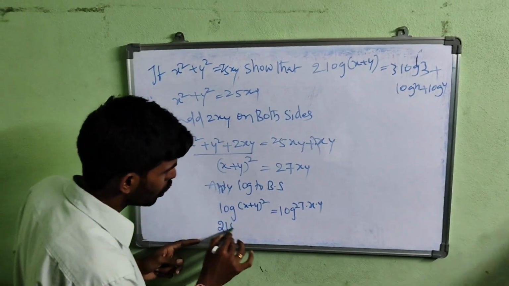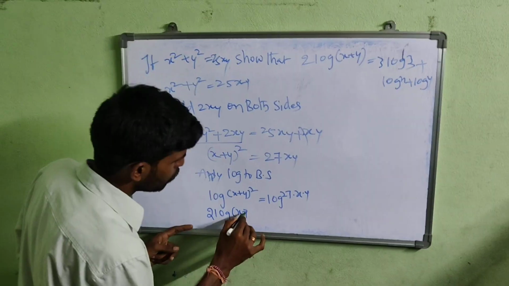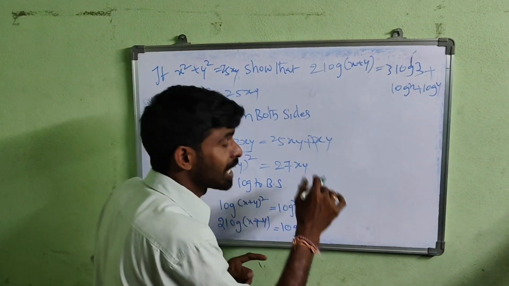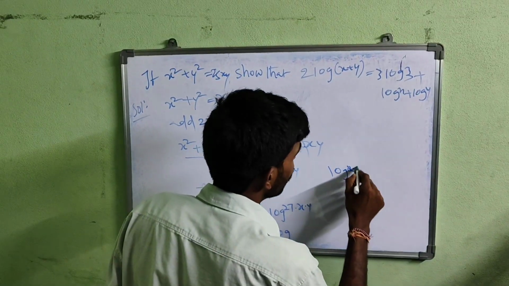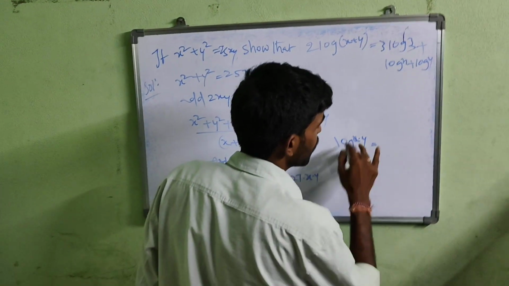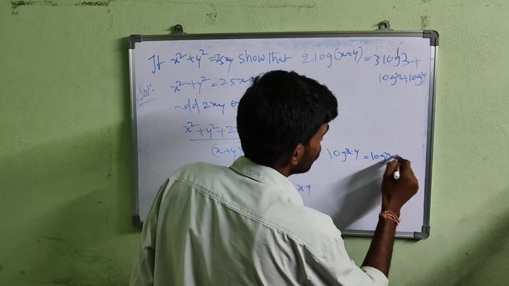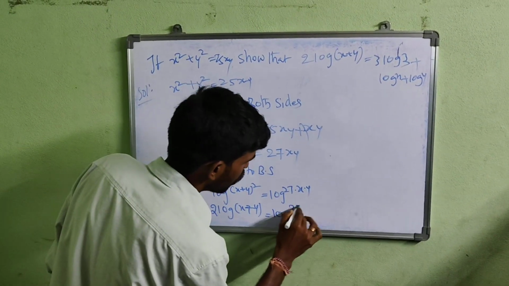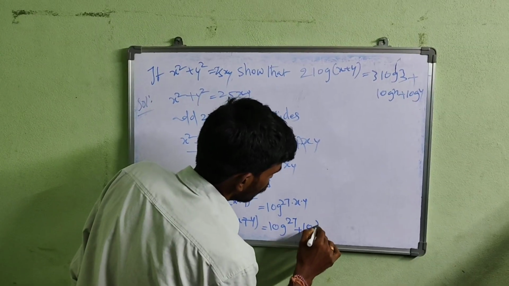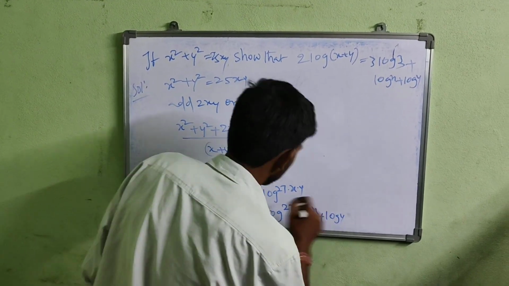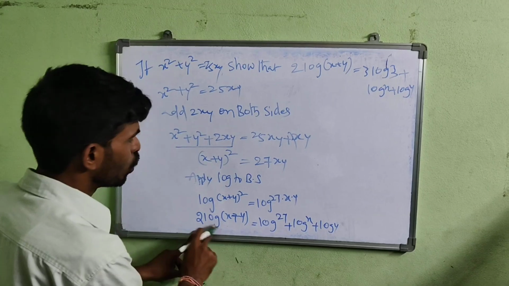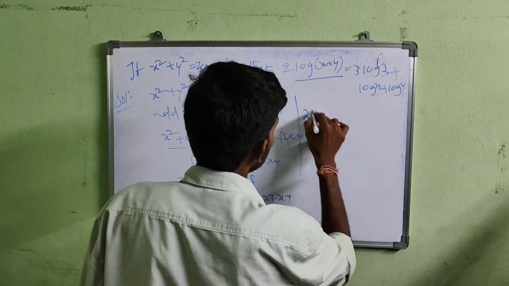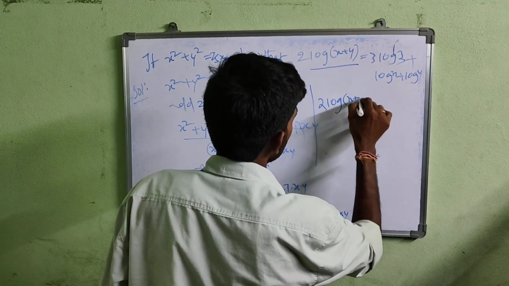So 2 log of x plus y equals log of x into y, and log x into y means log x plus log y. Same like that, here log 27 plus log x plus log y. Now this is clear. 2 log of x plus y is completed.